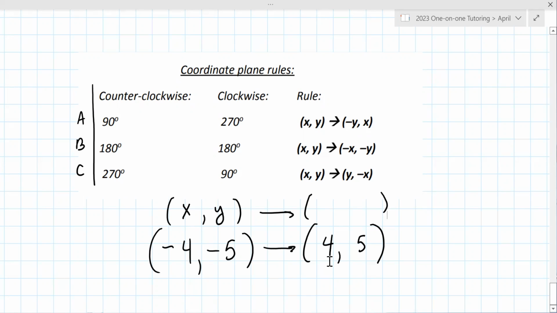And what is the difference between -4 and 4? You have to replace the negative with a positive. That's right. How about for the y value? -5 is turned into 5. The same thing happens. So which rule is it? Is it A, B, or C? B. It's B. Good.